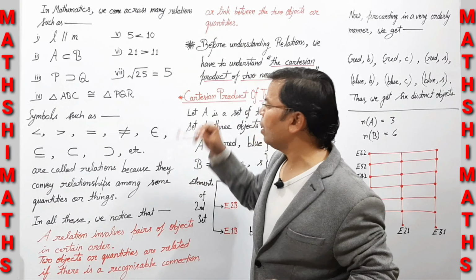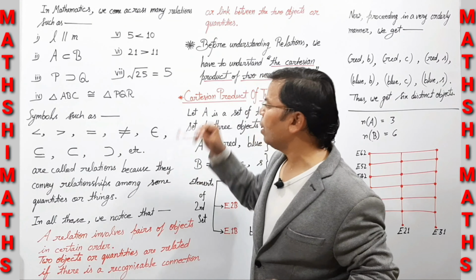Before understanding relations, we have to understand the Cartesian product of two non-empty sets, because without having the knowledge of Cartesian product of two non-empty sets, we are unable to understand the term relations. So first we try to understand the Cartesian product of two non-empty sets.